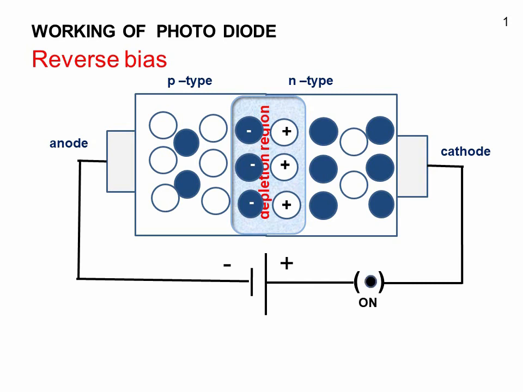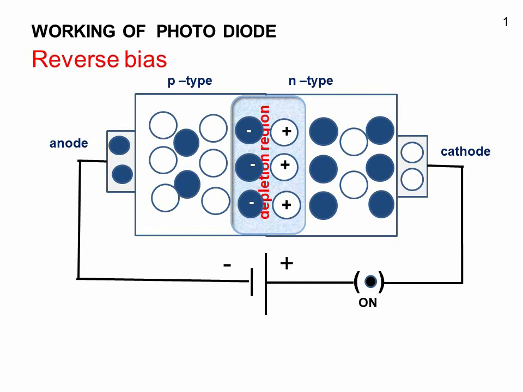The holes reach the cathode and the electrons reach the anode from the respective terminals of the battery. Due to opposite charges, the holes in the cathode attract electrons in the N type.